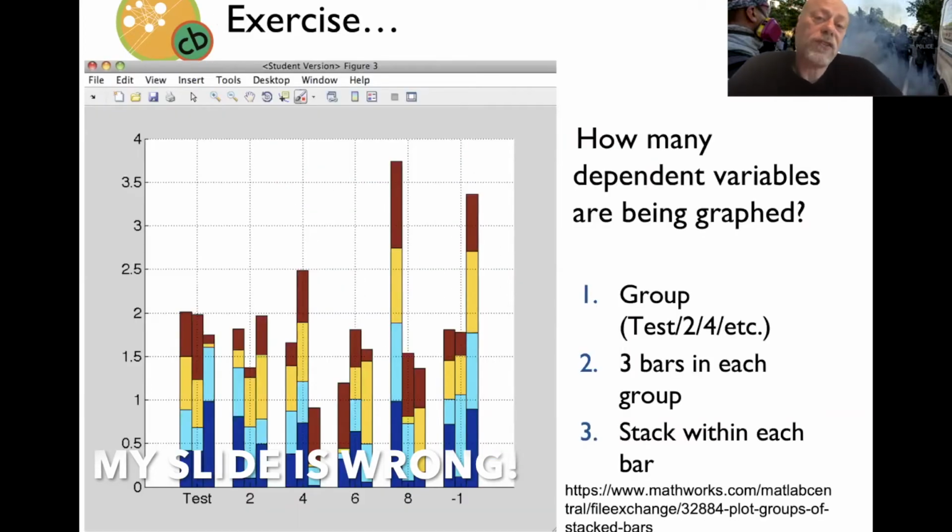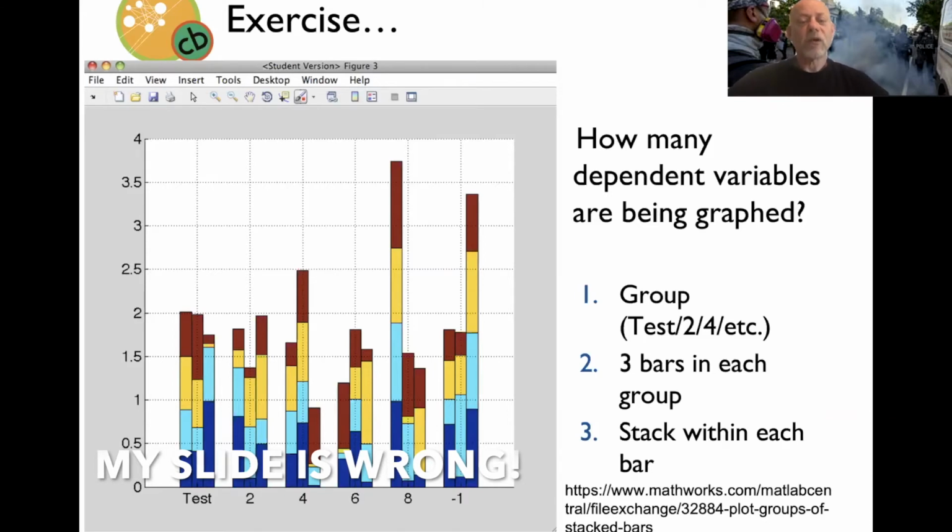They have one independent variable, which is what group do you belong to? So there's a test group, group 2, 4, 6, 8, and -1. Personally, I don't know what that means. You hope that the caption to this graph explains that. But there's one dependent variable.